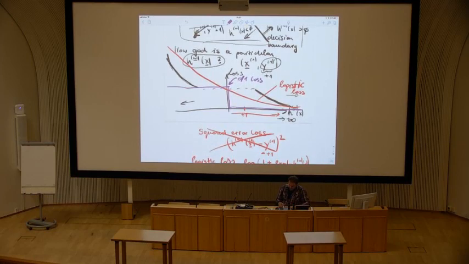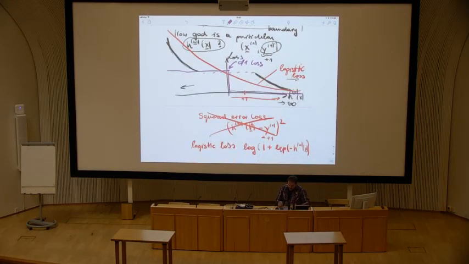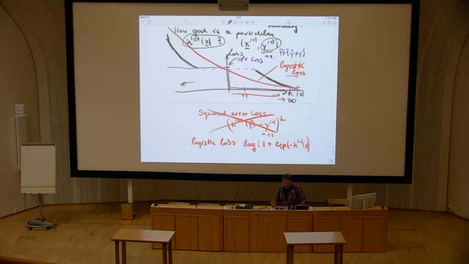So if you minimize the 0-1 loss averaged over a large number of training samples, then what you minimize is an error probability.